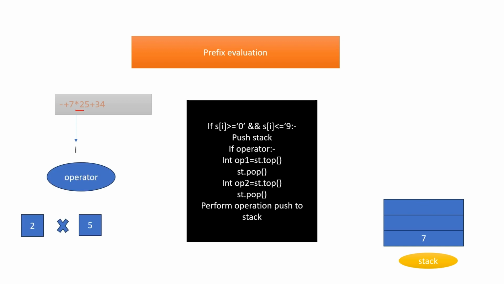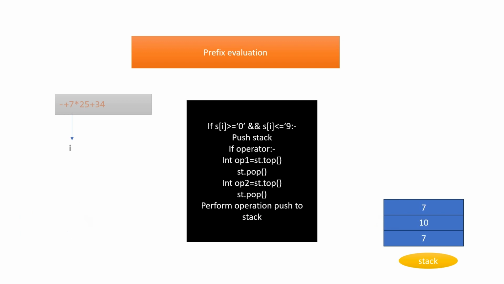Here we get an operator, so we pop the first two elements from the stack and perform the multiplication between the two operands, and then push that answer into the stack again. 2 times 5 is 10, and thus we take 10 here. After that, i is at 7, which is a digit, and we push it in the stack.